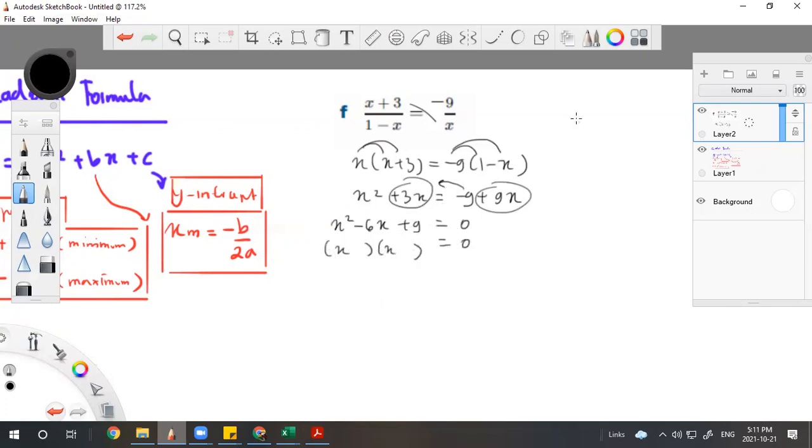What times what equals 9, and if you add it up, you will get negative 6. Okay, 9 and 1, you cannot get negative 6 out of 9 and 1. Okay, 3 and 3. Both of them are supposed to be negative. Oh, same root. Quite simple, right? So x equals 3. Only one answer. Okay, that's for question F.